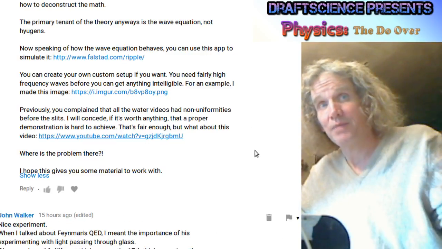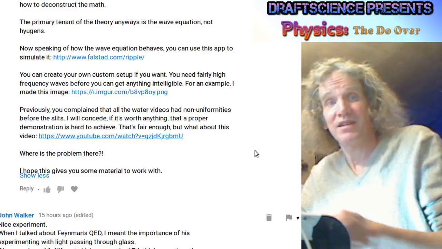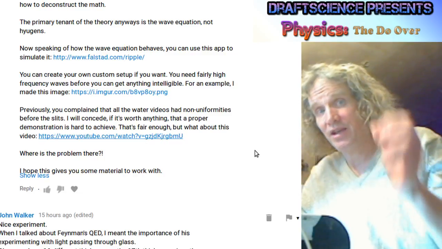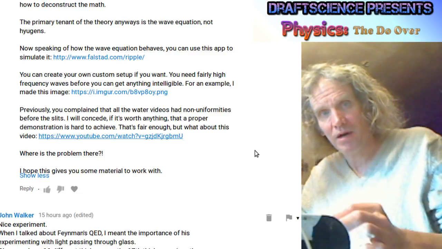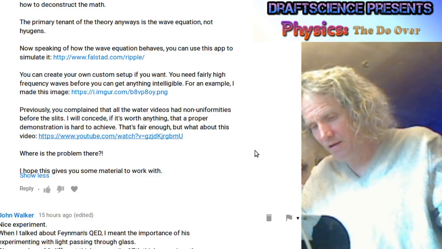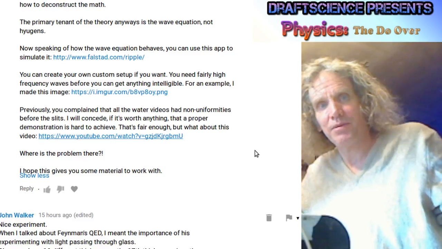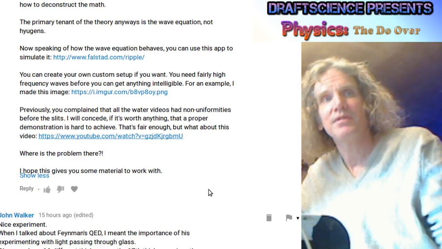Completely validates what I'm saying. Single slits in water have nothing to do with single slits in light. There's just absolutely nothing to compare. The only thing a single slit does in water, just like dropping a drop of water into a pond, is circular waves. There's no opportunity for interference because there's nothing to break the waves.